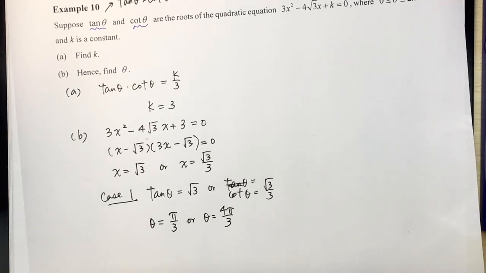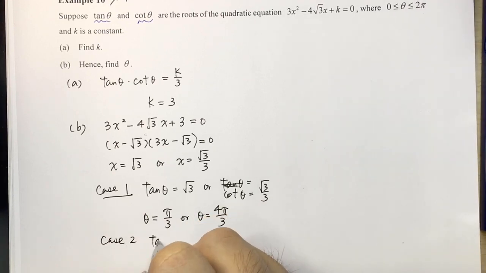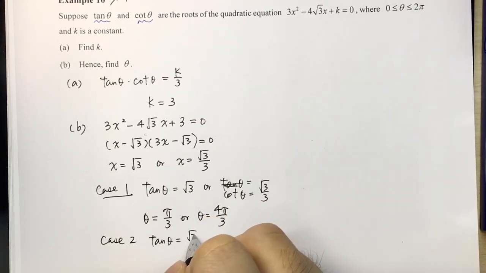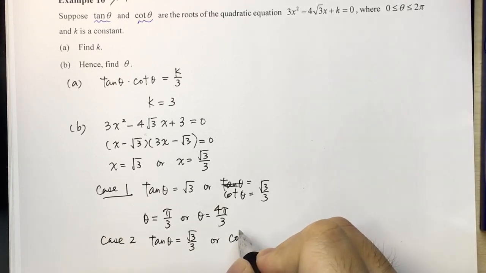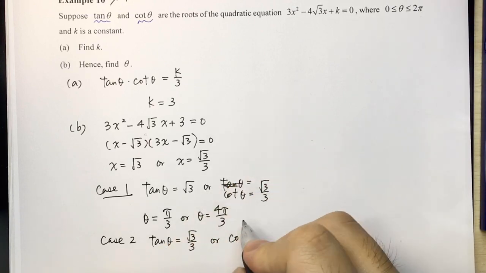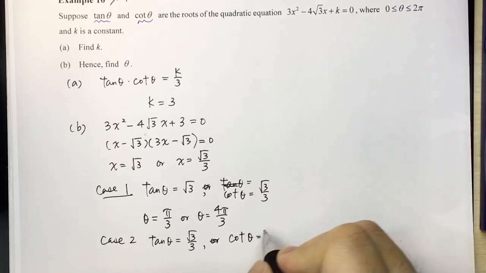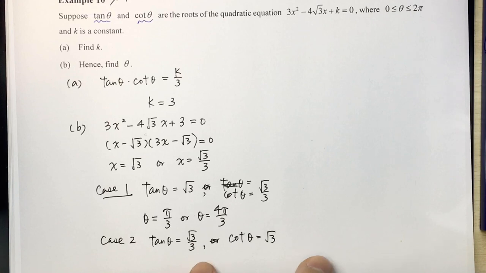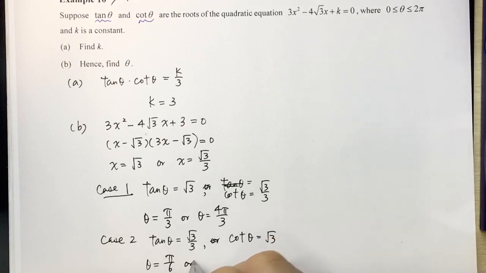And second, case 2, when you consider tangent theta is root 3 over 3 and cotangent theta is root 3. Okay, they are also reciprocal to each other. But then for this one, you know that theta is pi over 6 and also 7 pi over 6.